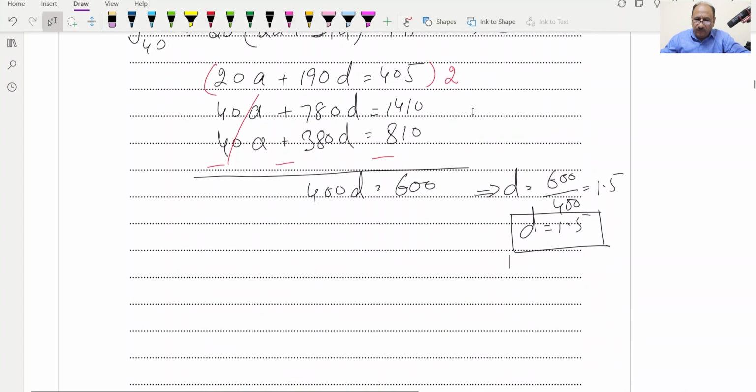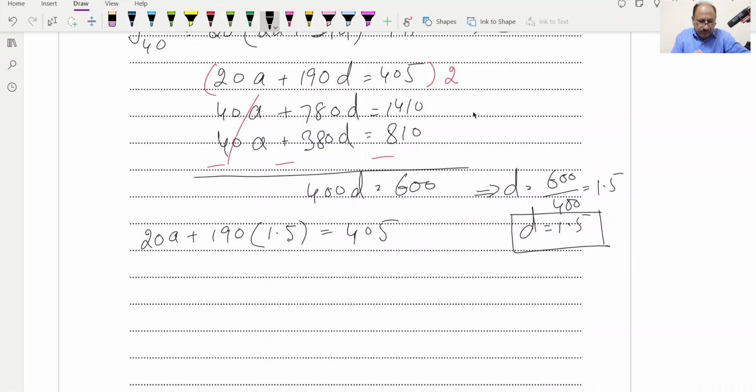Now we can find the A value by substituting this into any of the original equations. So 20A plus 190 times the D value 1.5 is equal to 405.